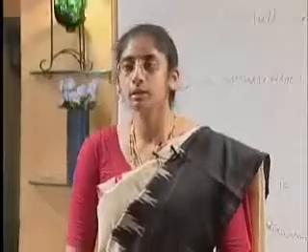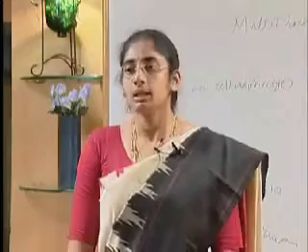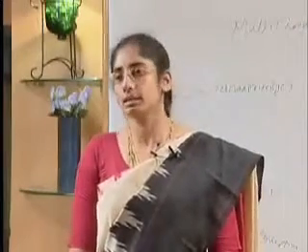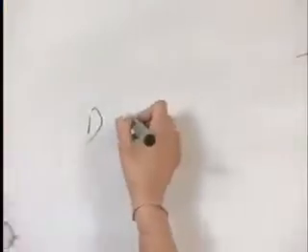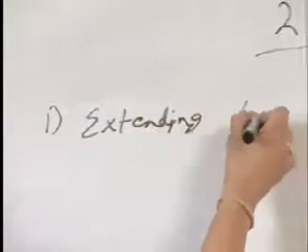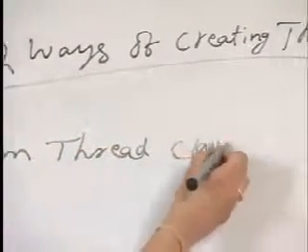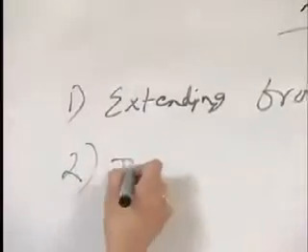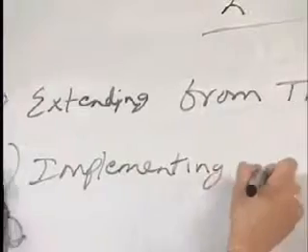Now that we have seen how threads work and what properties they have, let us look at the different ways of creating a thread. Two ways of creating a thread. One is extending from the Thread class, and two, implementing the Runnable interface.